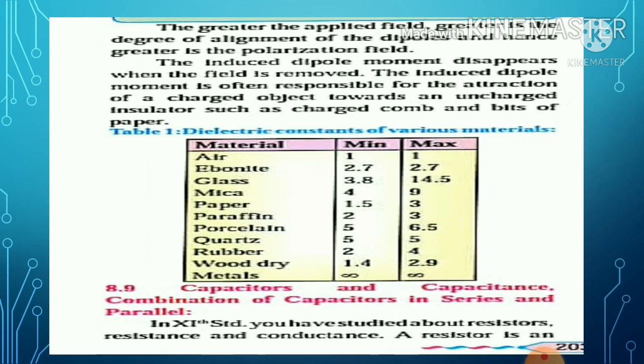Whenever the applied external electric field is greater, the degree of alignment is greater, meaning the strength of isolation of positive charges and negative charges of the dipoles is greater, and hence the polarization electric field is greater.